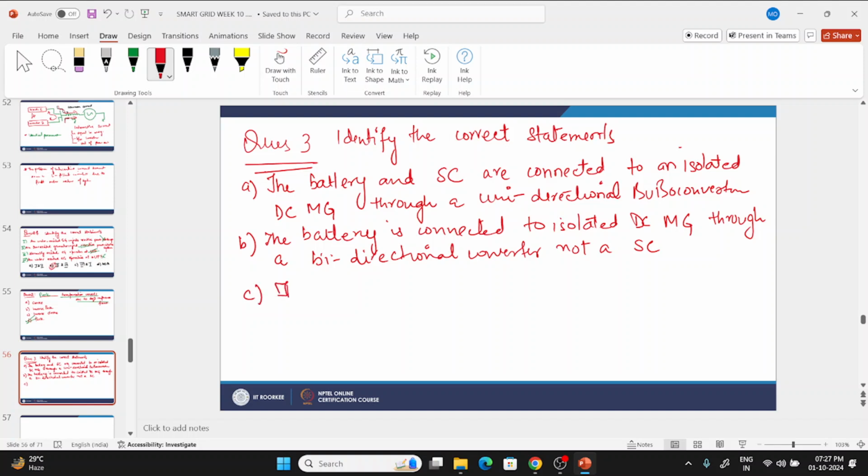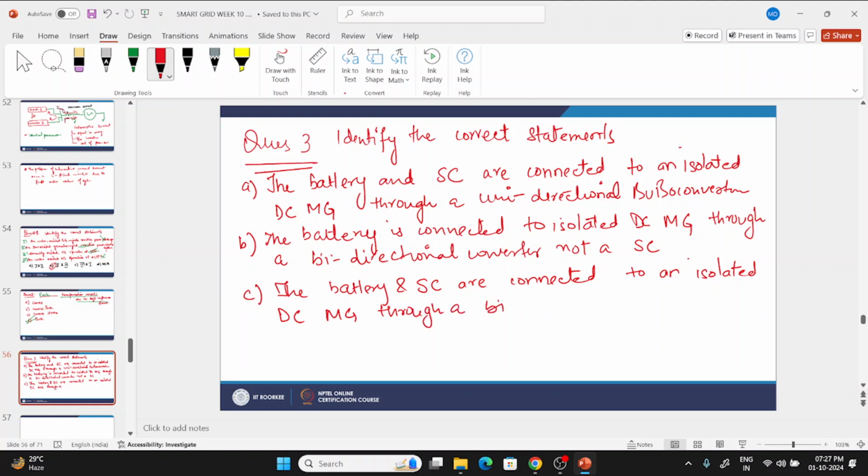C: The battery and supercapacitors are connected to an isolated DC microgrid through a bidirectional buck boost converter.